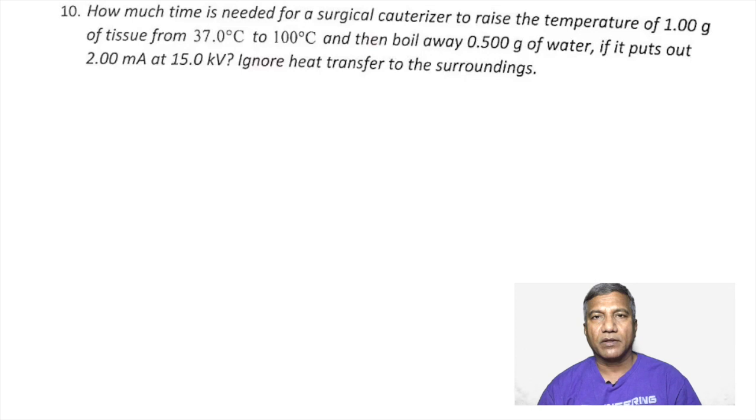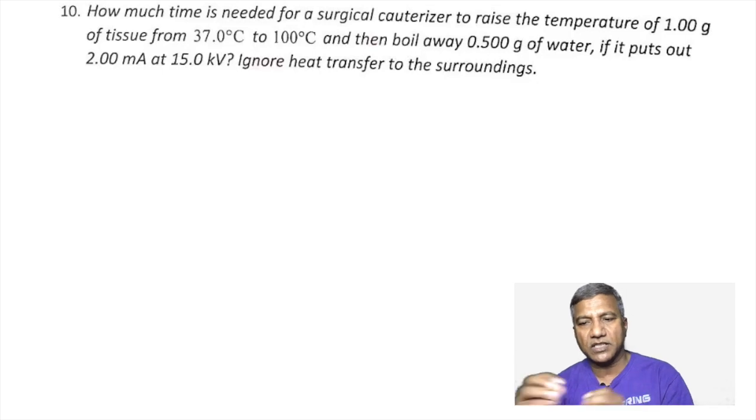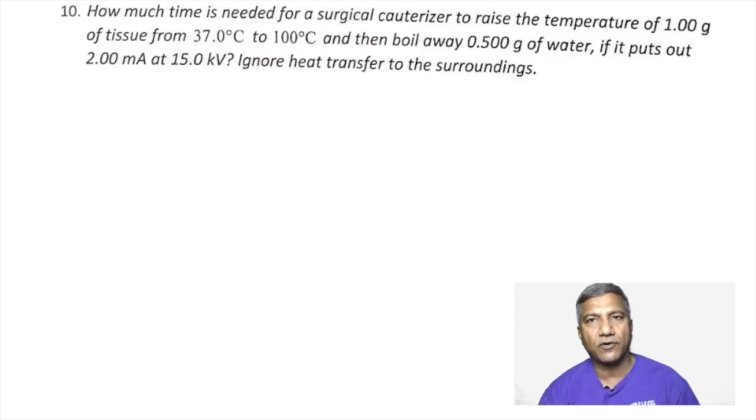As you may have studied in College Physics 1, the increase in temperature is given by the formula mass times specific heat times change in temperature. But when you change phase, like water becoming steam, you have to use the formula mass times latent heat.